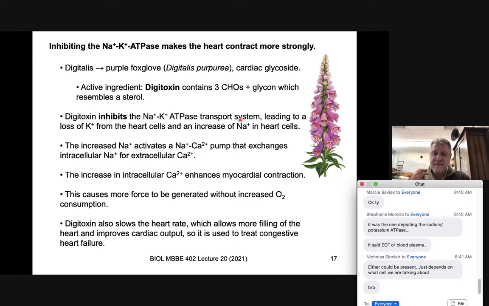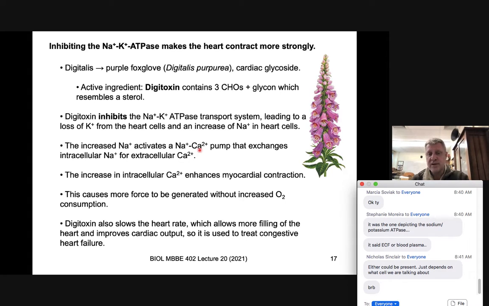With that major increase of sodium, which is bad for the heart cells, another pump is activated and becomes a major component to minimize the sodium concentration in the heart cell. This is through a sodium calcium ATP pump.